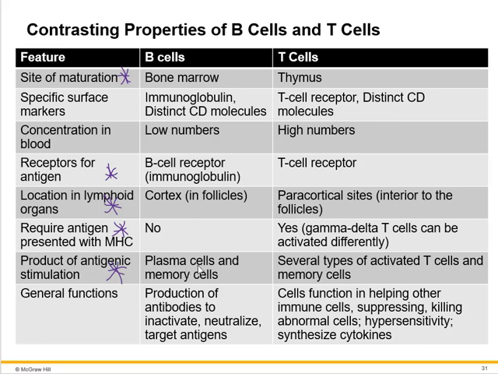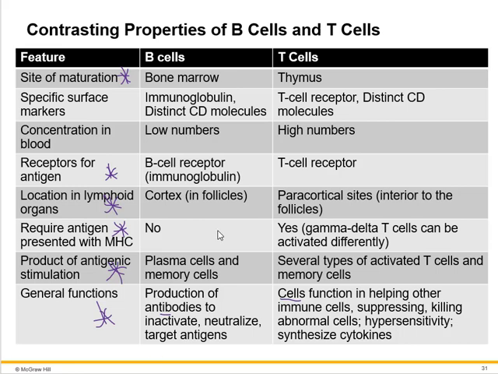So when they get activated, plasma and memory cells are made. And then there's all these different classes, or subsets, of T cells that are made when the T cell gets activated. And so general functions: B cells make antibodies, so they're the antibody mediated, and T cells make cells, so they're the cell-mediated immunity.